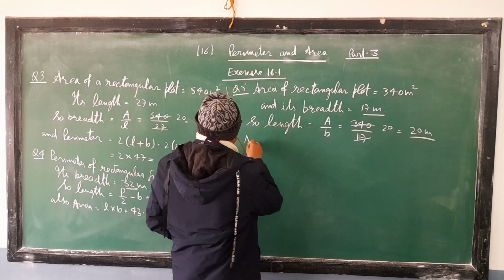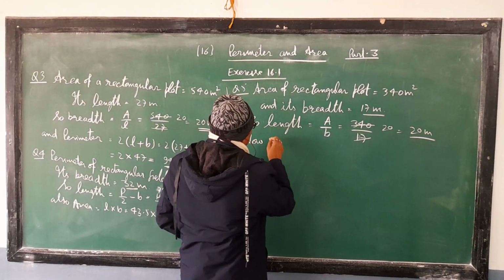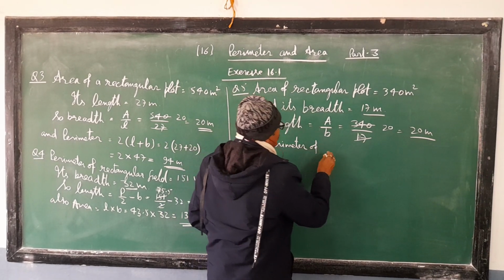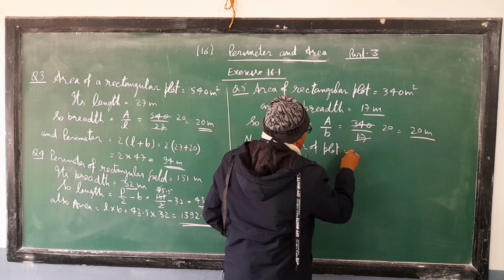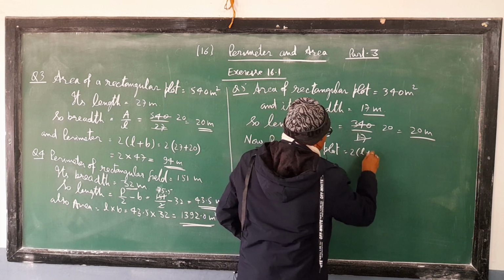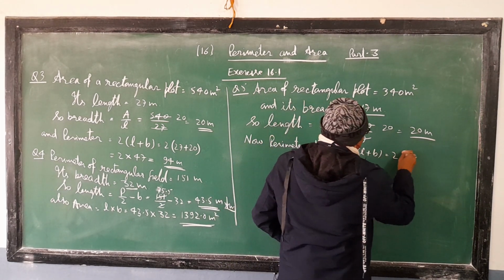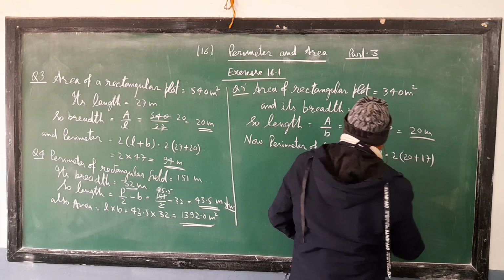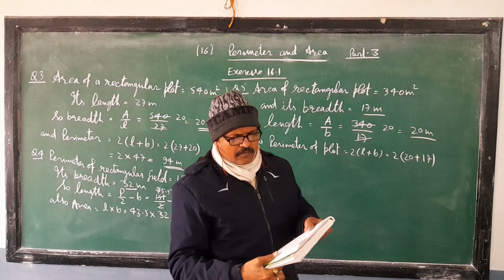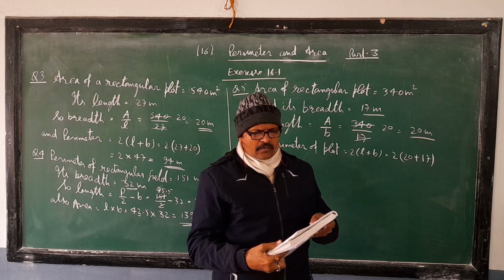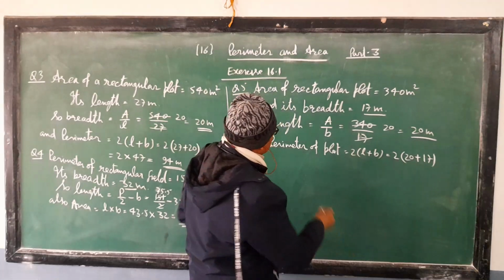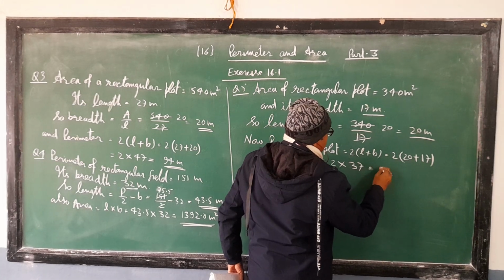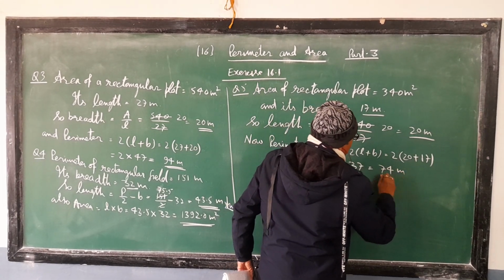Now perimeter of plot is equal to 2(L plus B), 2 length 20 plus 17, then it will come 2 into 37, 74.